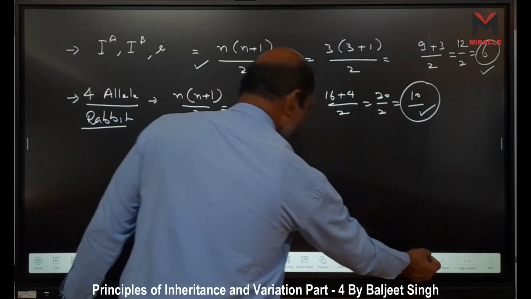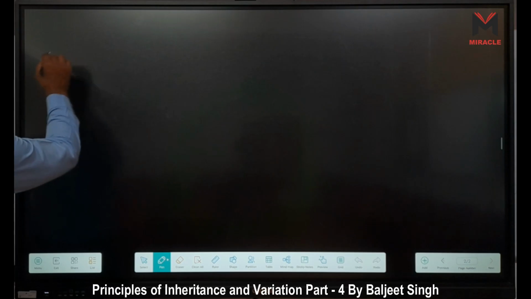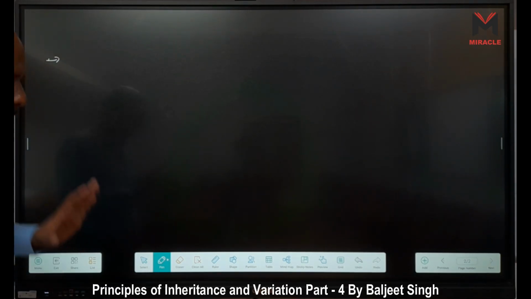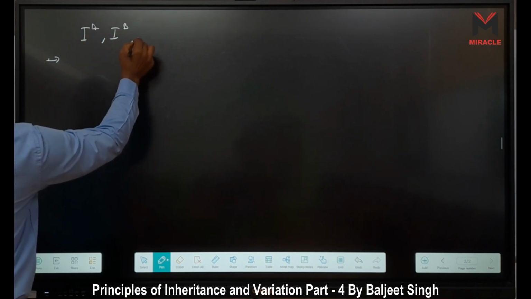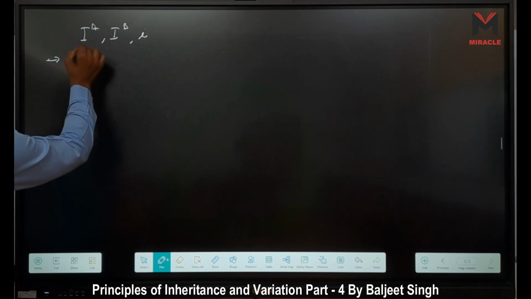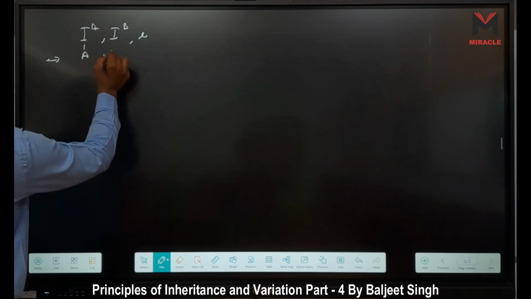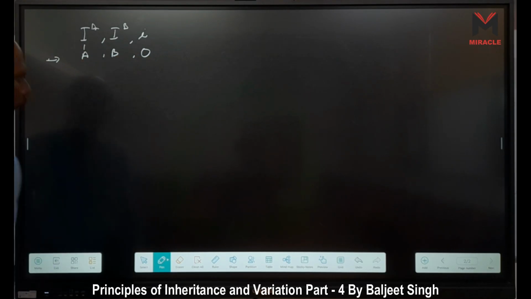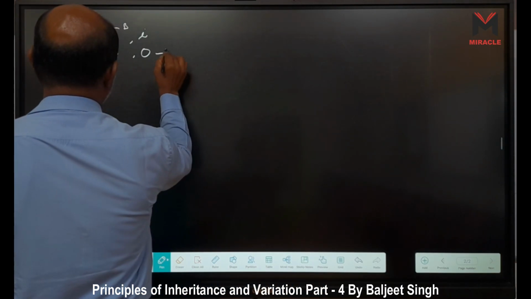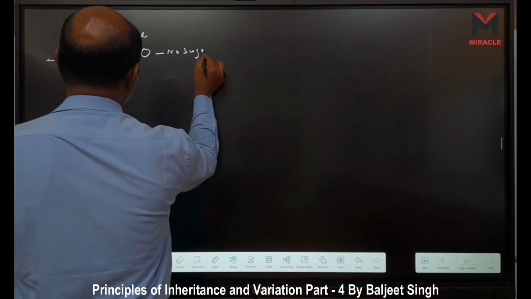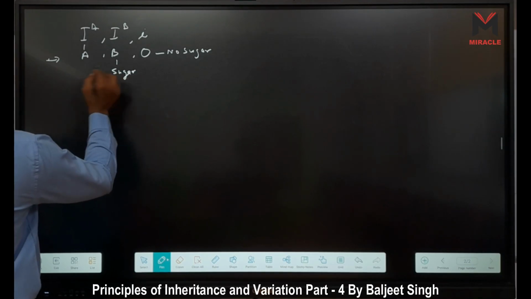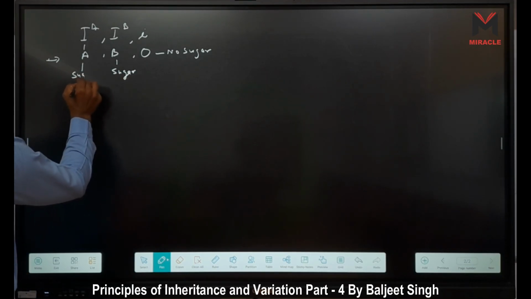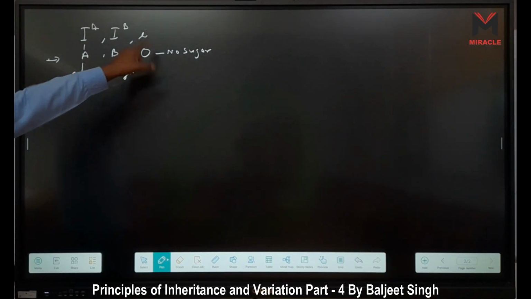Now here we have 3 alleles, IA, IB and small i, and I represent IA as A, IB as B and i as O. O means 0, which means no sugar. This one means B sugar, and this one means A sugar. So both are dominant over the O blood group.